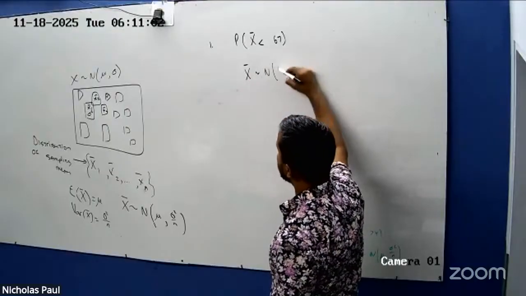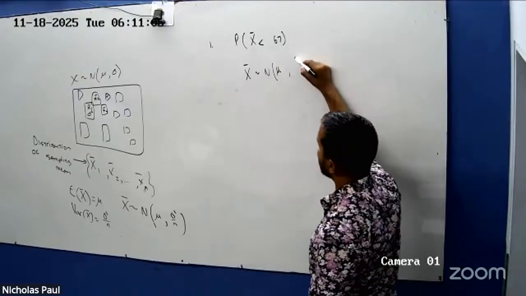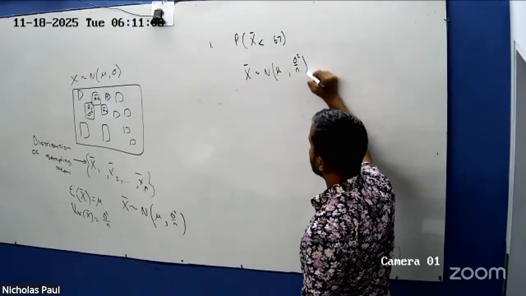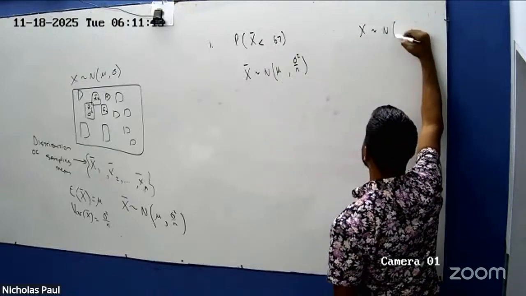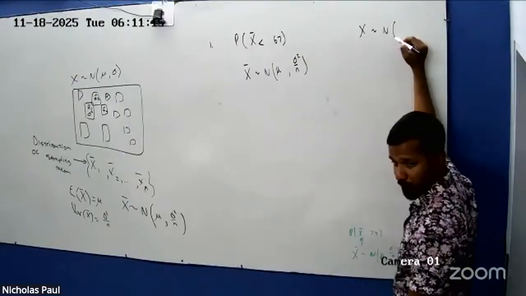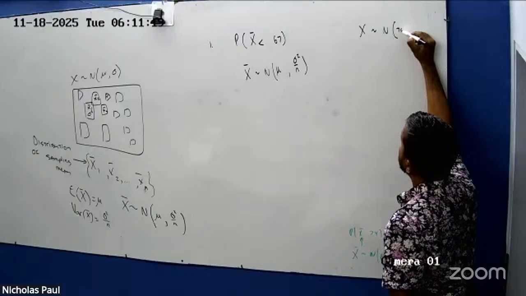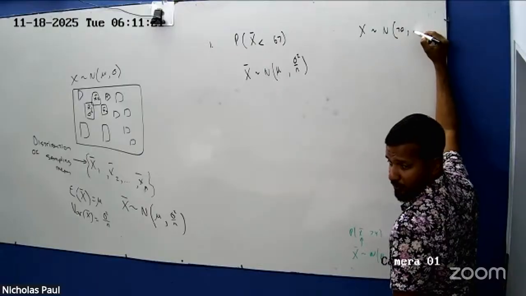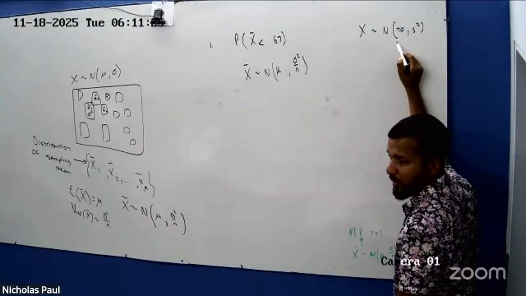The mean will behave as a normal with mean mu and variance sigma squared over n. We know this from before. They told us that X follows a normal with mean 70 and standard deviation of 5. That was where the original data came from.